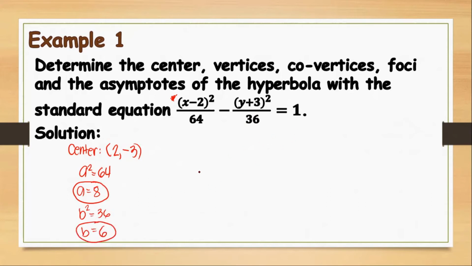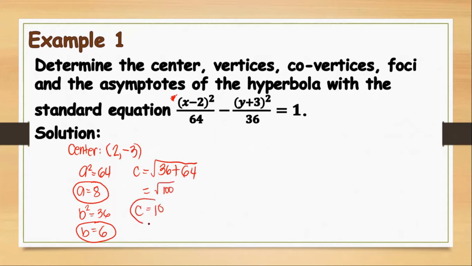And lastly, in order to find the foci, we have to find your c. So our c is equal to the square root of b squared, which is 36, plus a squared, which is 64. So that is the square root of 36 plus 64, the square root of 100.